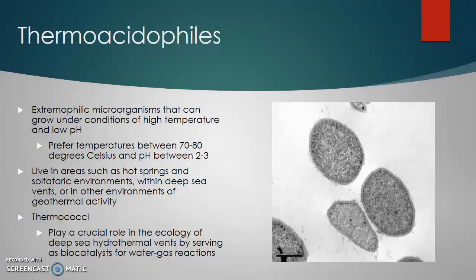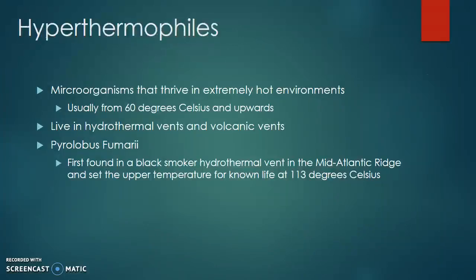They live in areas such as hot springs and solfataric environments, within deep sea vents or other environments of geothermal activity, where there's a lot of plate shifting going on. One example pictured right here is the Thermococci. They play a crucial role in the ecology of the deep sea hydrothermal vents, especially where a lot of the gas and water reactions take place in the ocean.